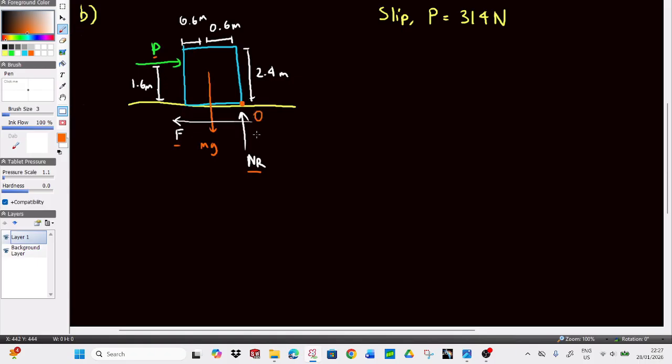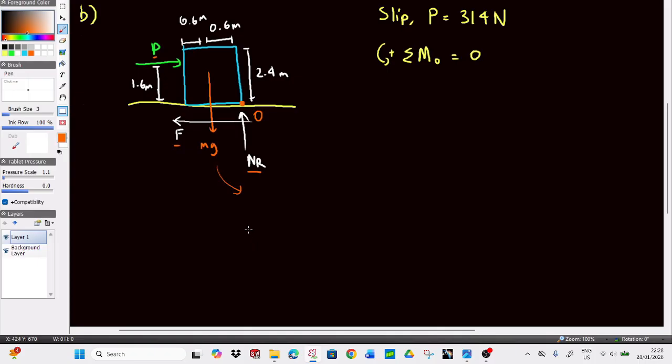If we take a moment at point O, the summation of M at point O equals 0. The only force responsible for the rotation is the weight, which gives a counterclockwise moment.